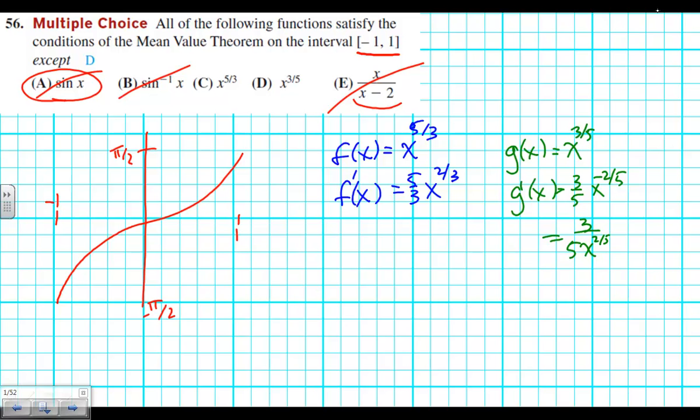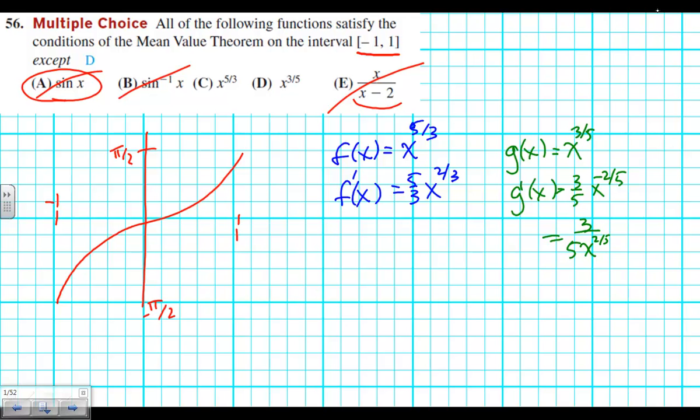Which means we got that thing in the bottom, which means when x is equal to 0, we've got a derivative that's undefined. So the big thing that ends up causing trouble is that the exponent was less than 1.